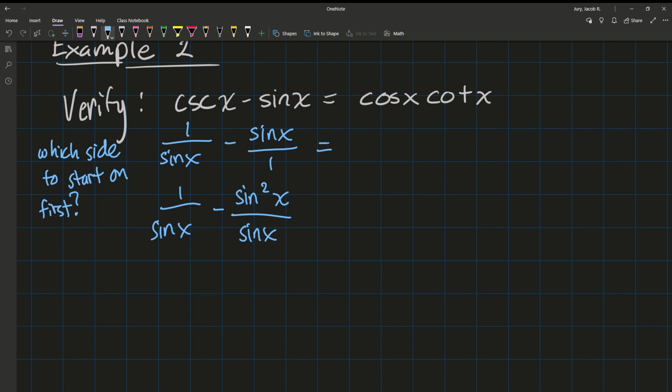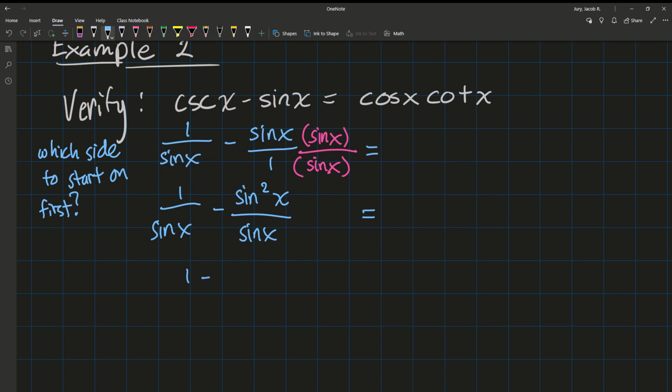So if I multiplied in a sine, which I'll show up here, and of course I'm allowed to do this on one side of my equation without touching the other side because I'm multiplying by 1, then that will help me add or subtract these fractions together.